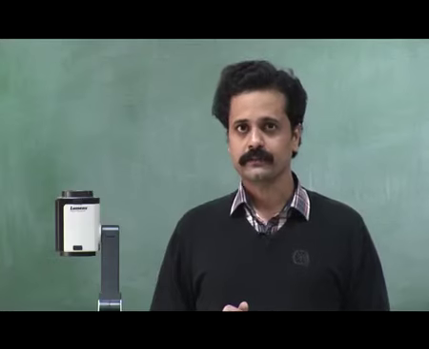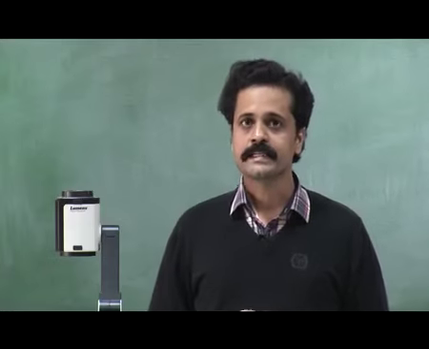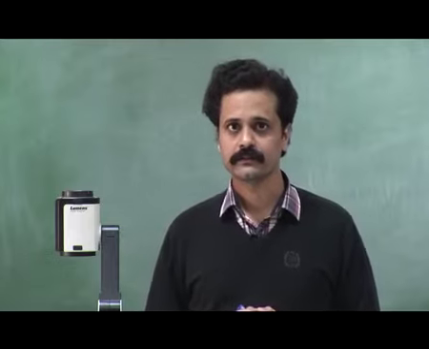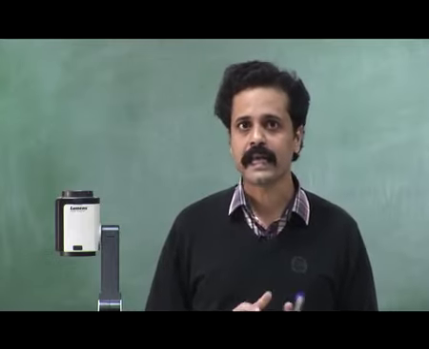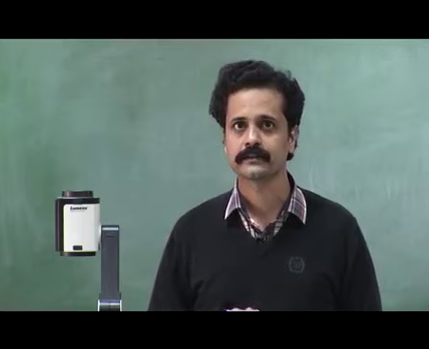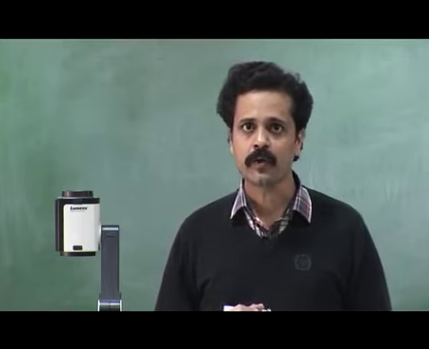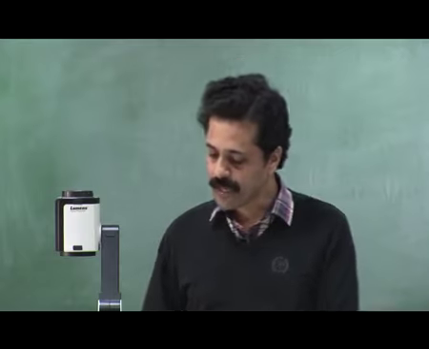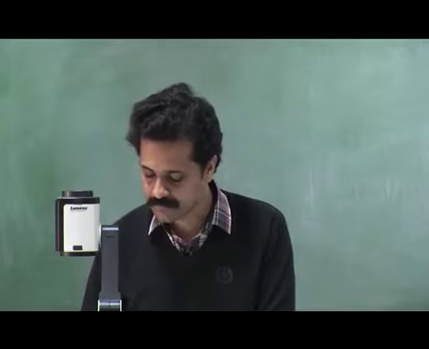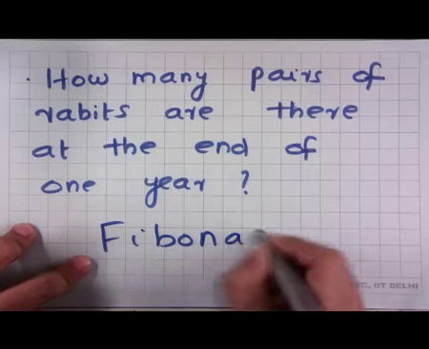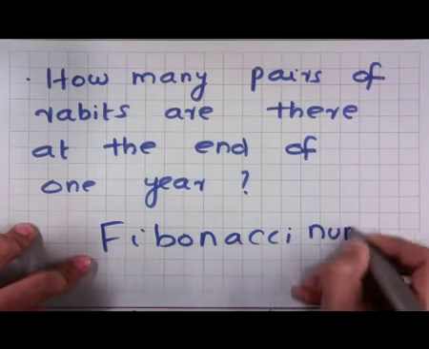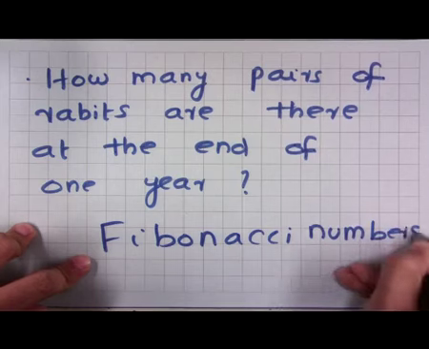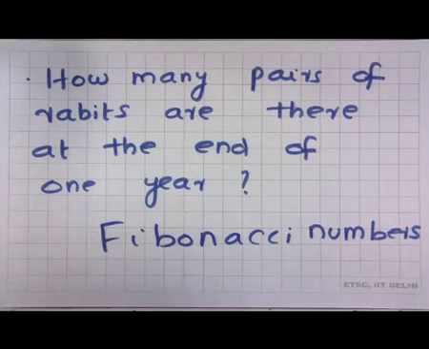The solution, generation by generation, produces a list of numbers, historically called Fibonacci numbers. Let us have a try and list some Fibonacci numbers.